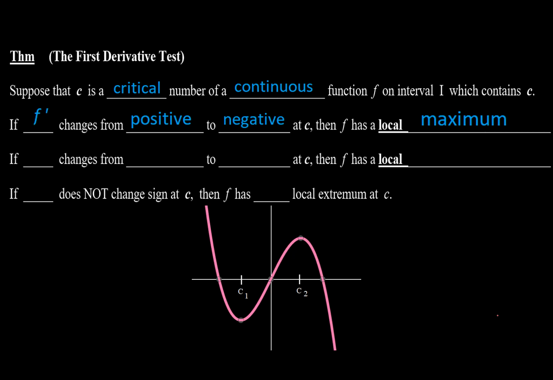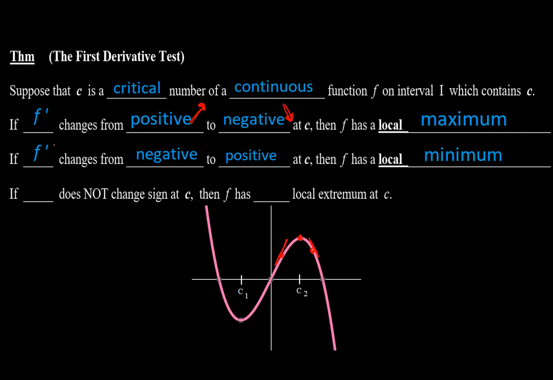If f prime changes from positive slopes to negative slopes at c, then f has a local maximum. So let's look at this. Here's a value where I have a maximum. If you notice, slope of the tangent before the maximum is going to be positive, and slopes of the tangent after the maximum are going to be negative. Okay, so it's got to change from positive to negative at the value c.